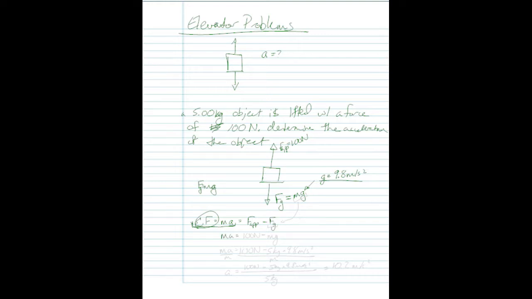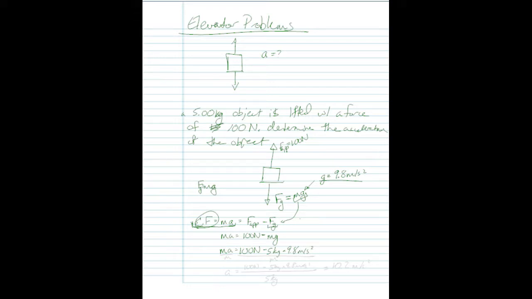So we have ma equals 100 newtons minus, substituting in mg, ma equals 100 newtons minus 5 kilograms times 9.8 meters per second squared.